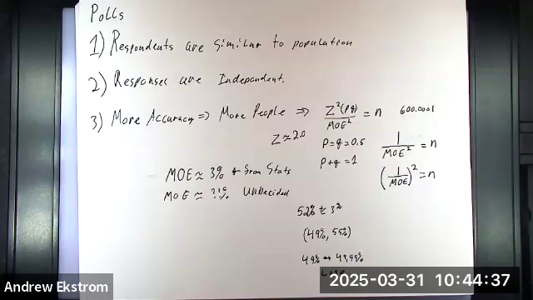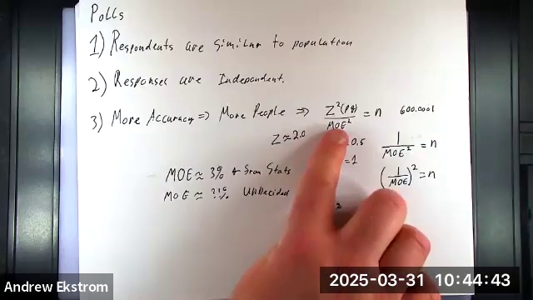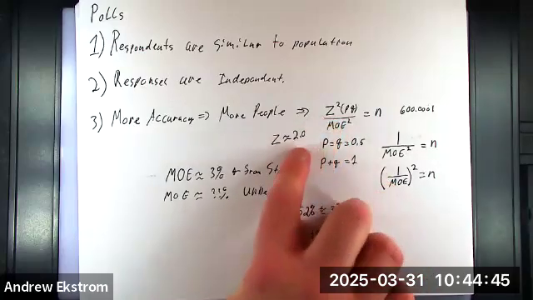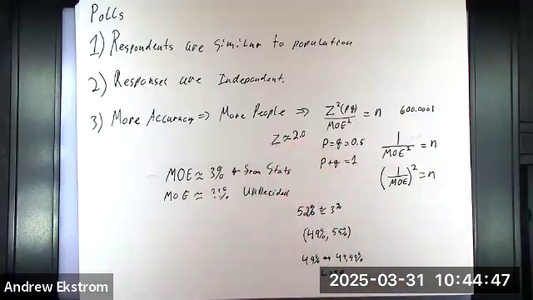So what is the formula that we're going to be using here? If this is the formula, z is going to be approximately 2.